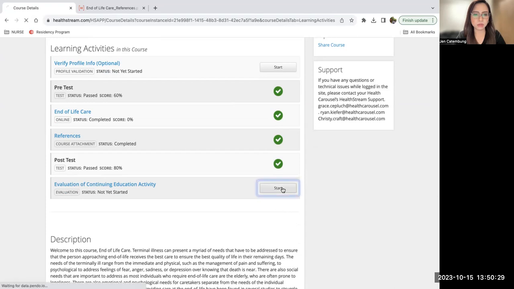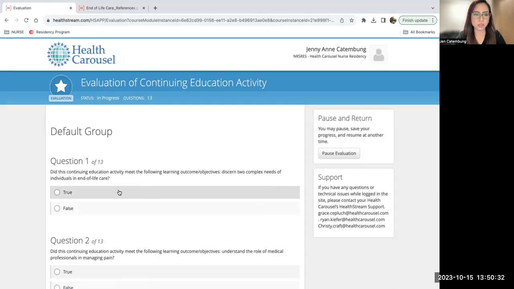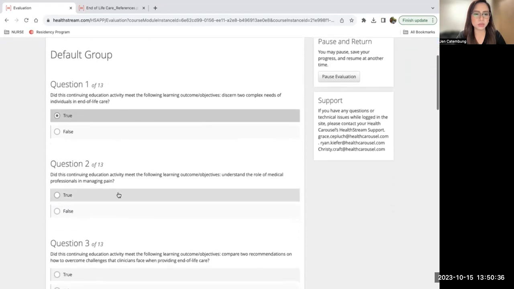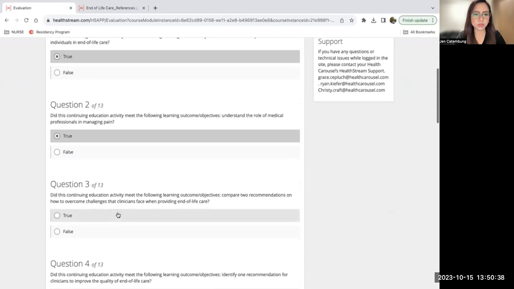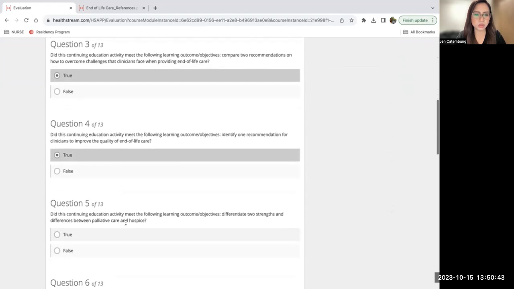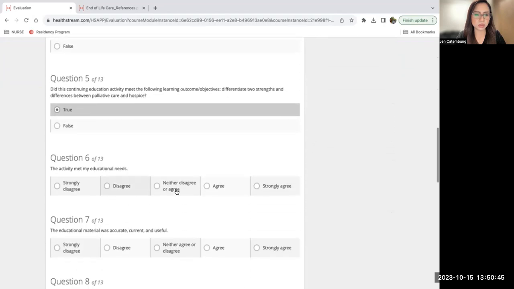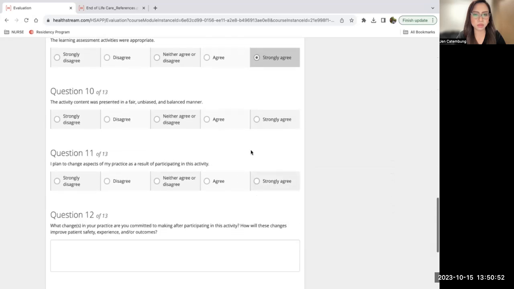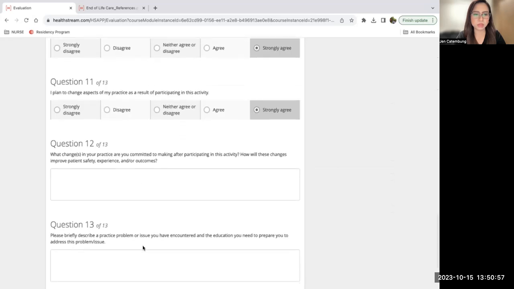Right. Okay, evaluating the continuing education: the learning experience, true. College fair, true. Strongly agree. Useful, effective, appropriate. Are you committed to participating in this activity?